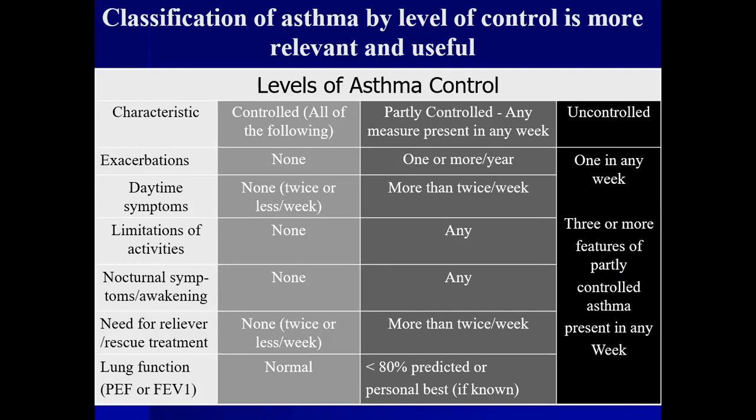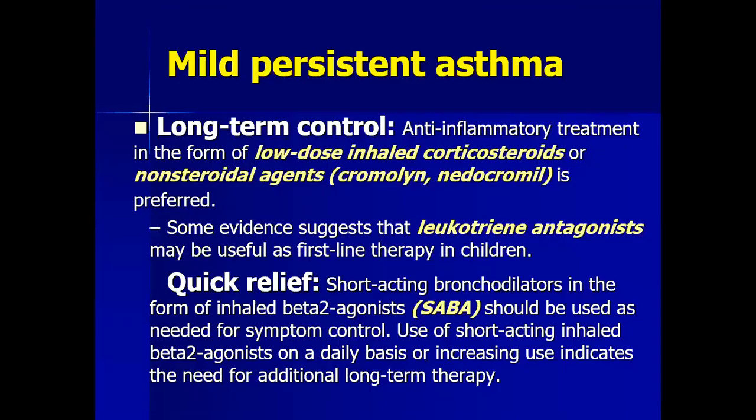Level of asthma control: if we are prescribing some drugs, we have to control the level of asthma. Characteristics: exacerbations, daytime symptoms, limitations of activity, nocturnal symptoms, need for relief or rescue treatment, lung function. According to all these properties, we will control the level of asthma.